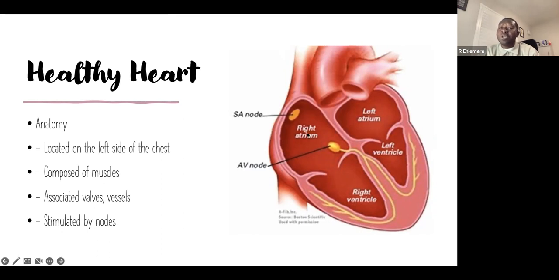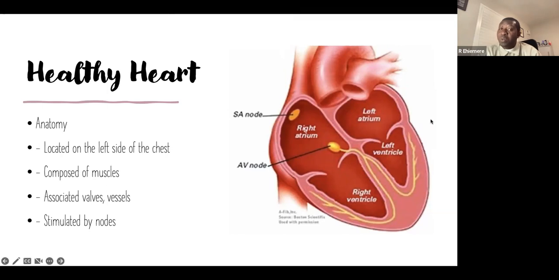This is for illustrative purposes, a collection of tissues. They are like generators on the heart. They are nodes on the heart, and these are very important. These nodes a lot of times determine how fast or slow your heart beats.